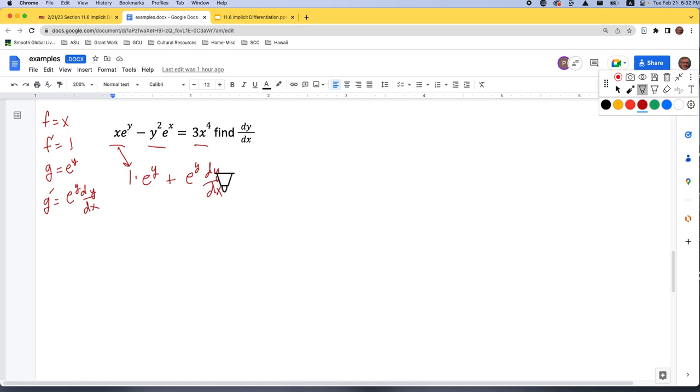And then times the first one unchanged, so times x. So that's the derivative of just that first term, x e to the y. Okay. Does it make sense? Feels uncomfortable though, right? It doesn't feel natural, but it's what we're going to get you practicing, that product rule. And then we've got this one.